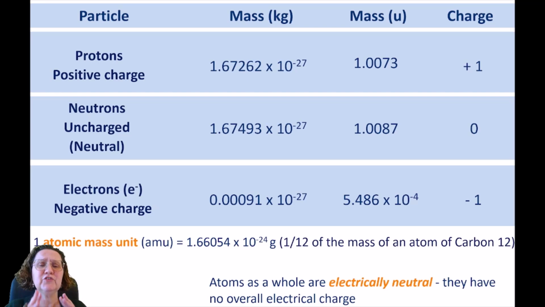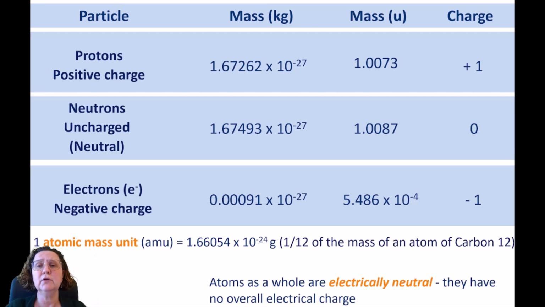And why that very strange number? Well, because it's 1/12 of the mass of an atom of carbon, a specific type of carbon, the most common one, which we call carbon-12. I will mention what that 12 refers to in a later slide. So instead of using masses in kilograms, 1.67 times 10 to the minus 27, a proton weighs roughly 1.0073 atomic mass units.